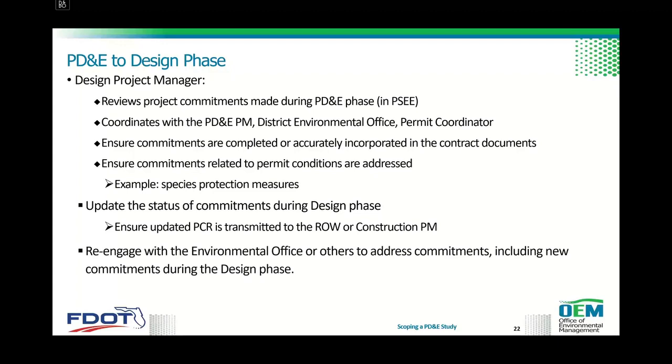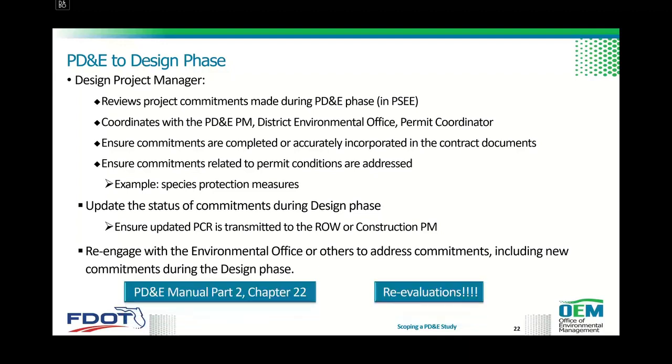And also re-engage with the environmental office or others to address commitments, including new commitments that could arise during the design phase. So more information is included in the PD&E Manual Part 2, Chapter 22, and do not forget the reevaluations during the different phases, including design changes, right of way, and construction.